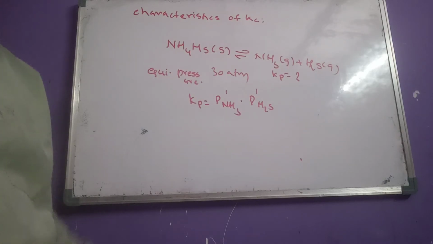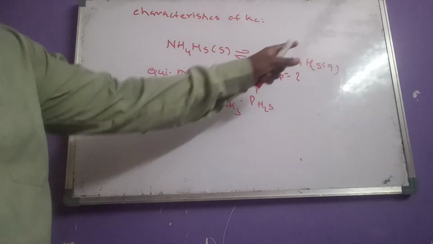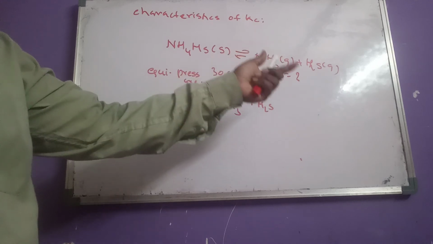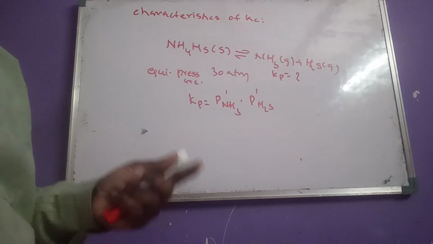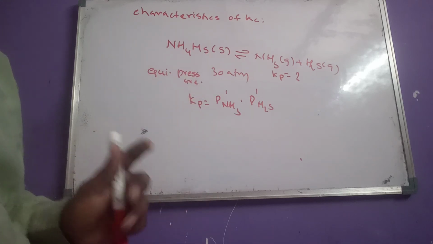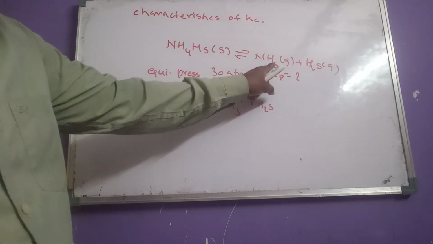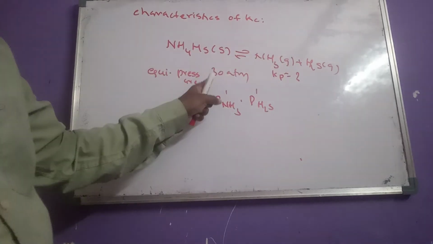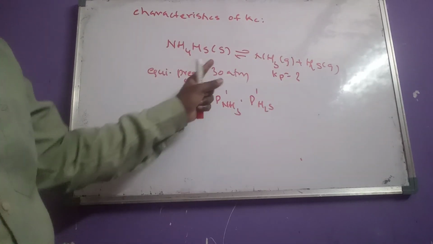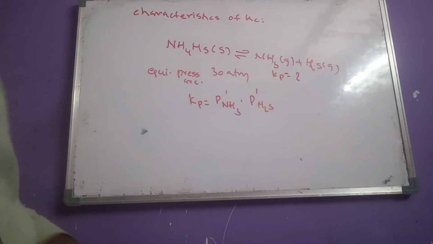That means total pressure 30, only two gases, 1 mole NH3 and 1 mole H2S, are there, so they are equally exerting the pressure. That means partial pressure of NH3 is 30 by 2 and H2S partial pressure also 30 by 2, means 15 atmosphere into 15.